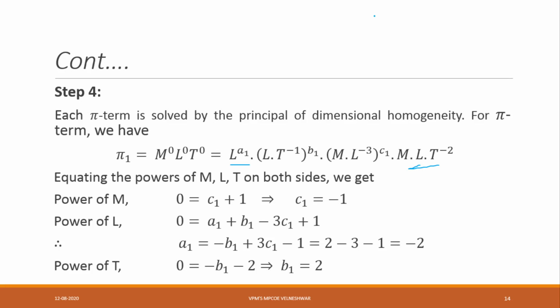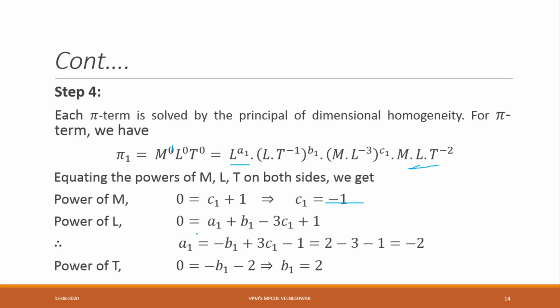Okay. Now again, as per Rayleigh's method, power of M: 0 is equal to C1 plus 1, that is C1 is equal to minus 1. Again see here, power of M, how much value is there, 0, is equal to C1 plus 1, that is C1 is equal to minus 1.